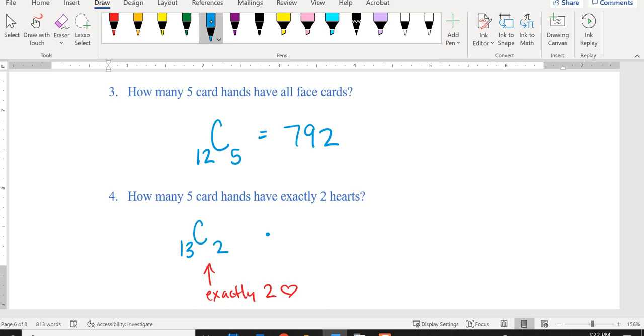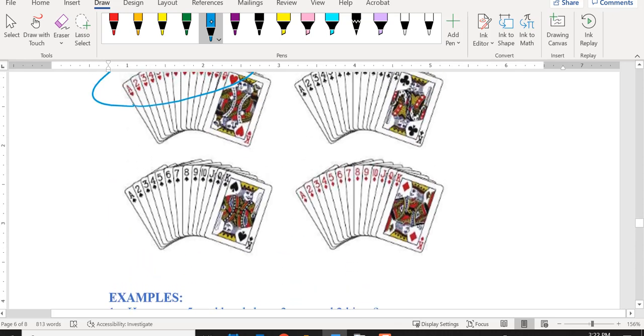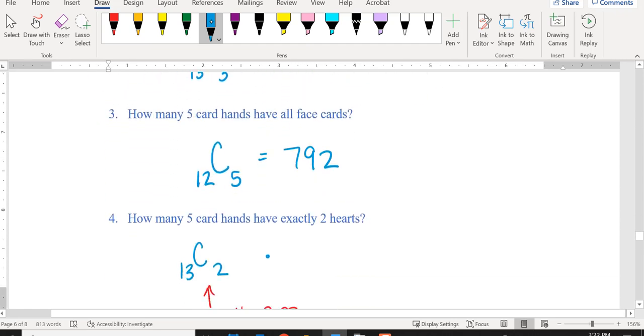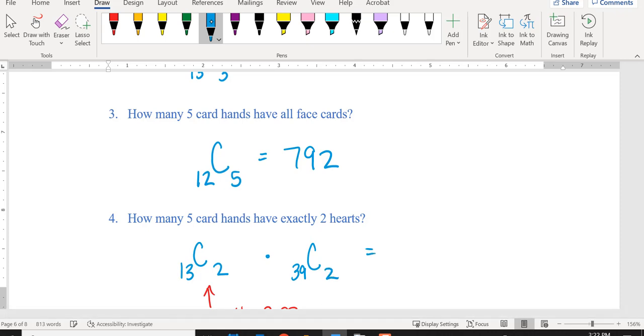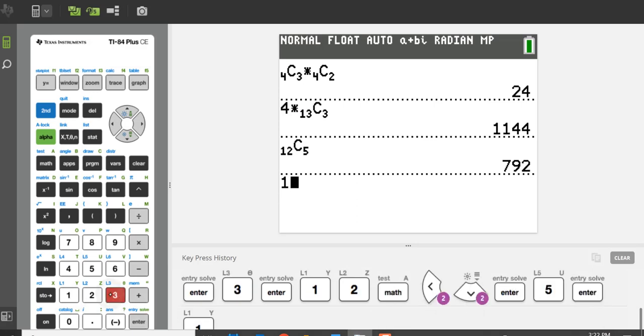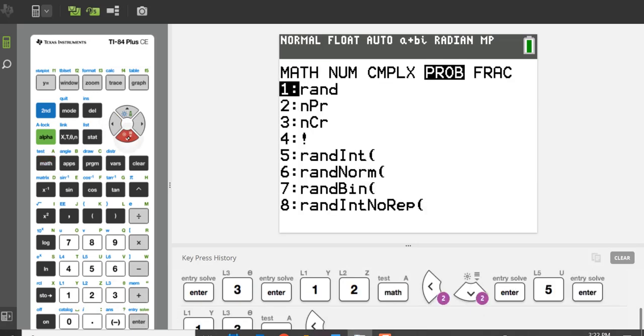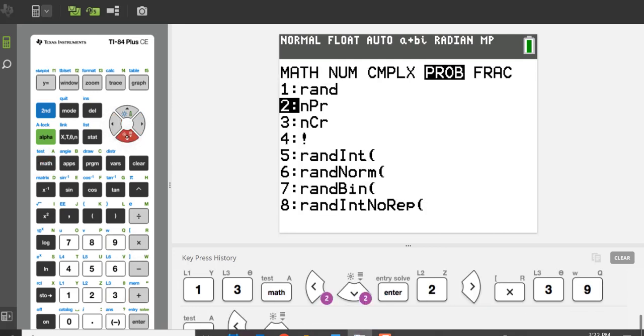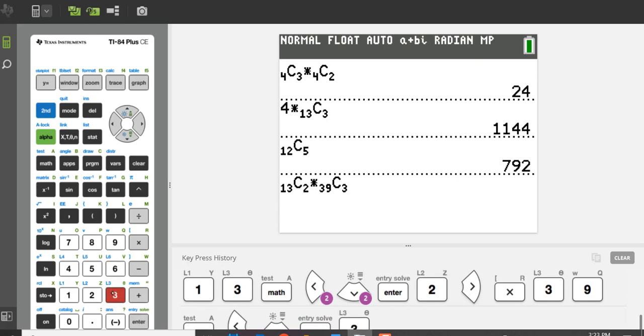So how many cards are not hearts? Well, if 13 are, and there's 52 total, 52 minus 13 would be 39. So you've got 39 cards to choose from that are not hearts, and you want to pick 3 of them. So 13 combination, pick 2, times 39 combination, pick 3.